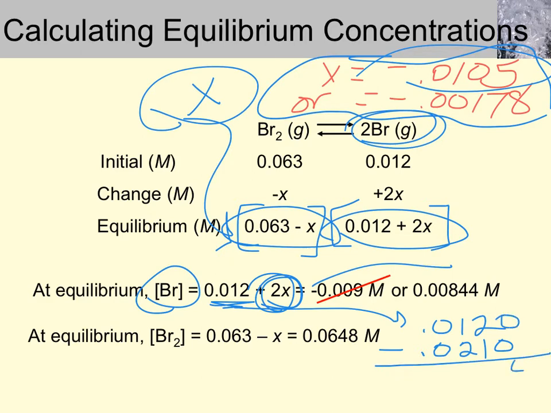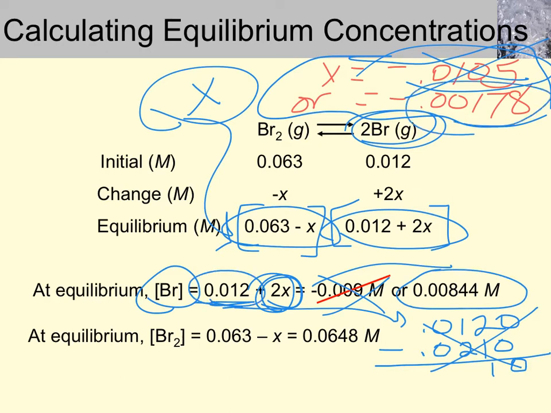Now, that's going to give you a minus value for concentration, which is impossible, all right? So this 0.0105 value for x is impossible. That simplifies our work. So when we subtract 0.012 minus 2 times this other value of x, we get that the equilibrium concentration of bromine atom is 0.00844.